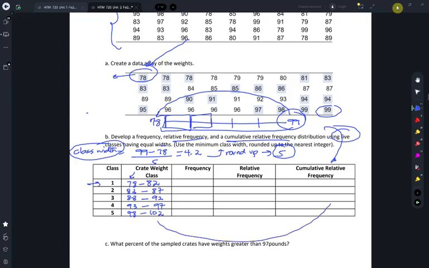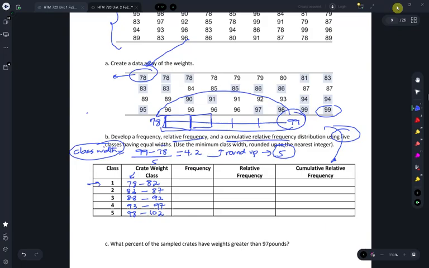You might notice that even though 102 is not a number here, the goal is to ensure that the last class is such that a particular number fits into that group of numbers.